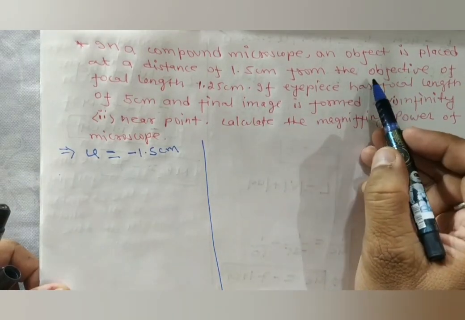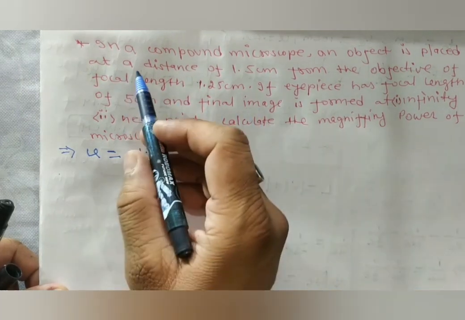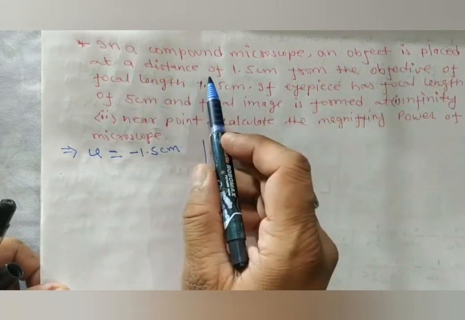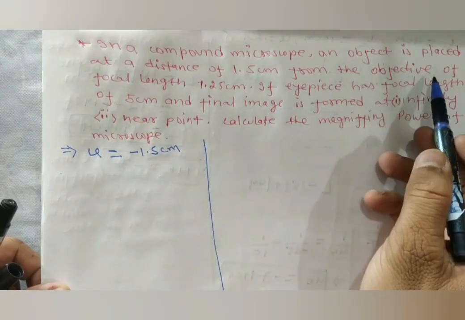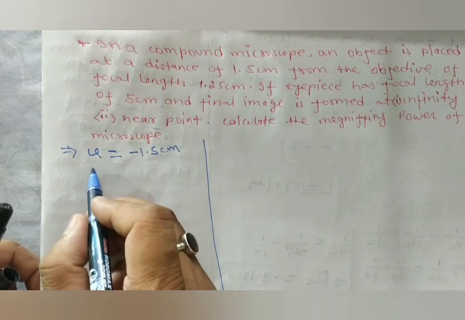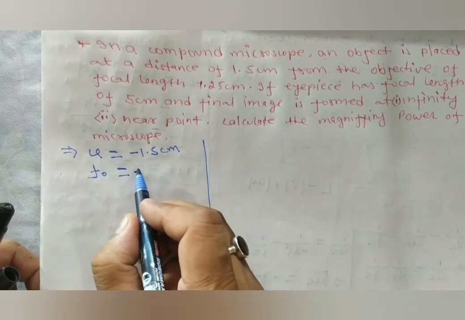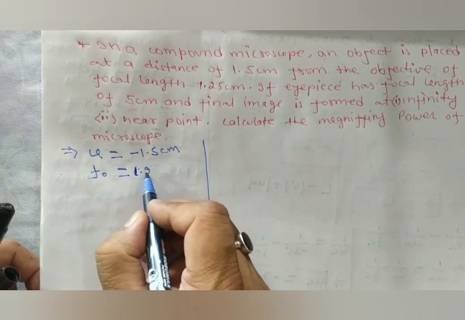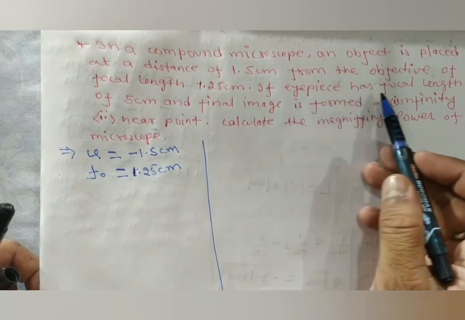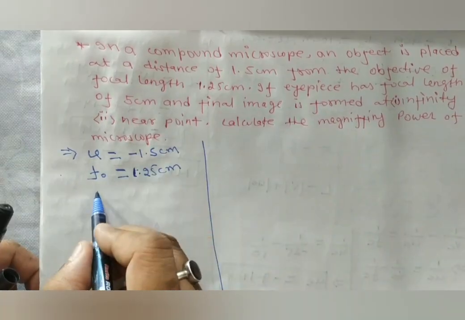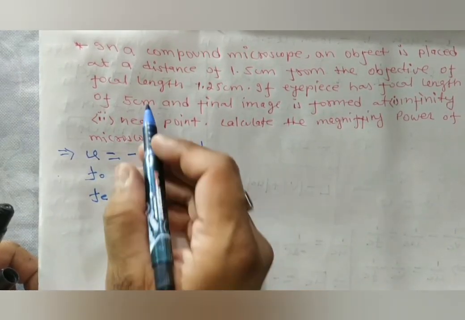F naught is given, 1.25 centimeter. If the eyepiece has focal length 5 centimeter, that is FE, FE is 5 centimeter.